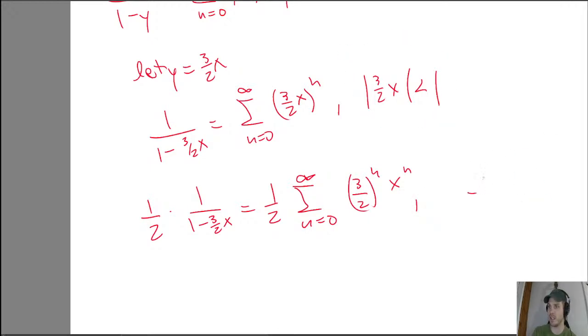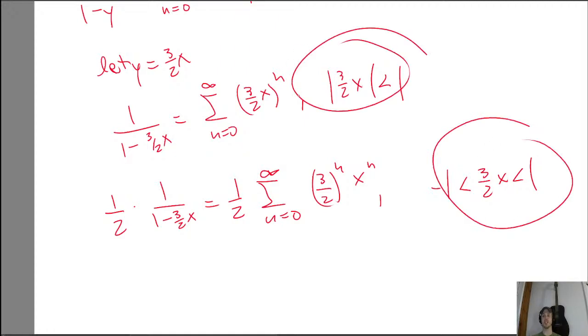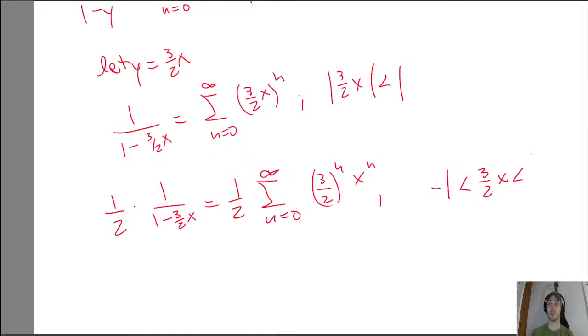That means -1 is less than 3/2 x, which is less than 1. That portion going from here to here, I want you to take a second and convince yourself that that is what the absolute value means.